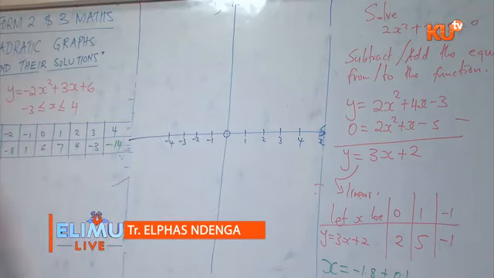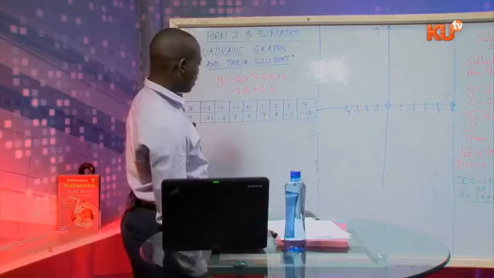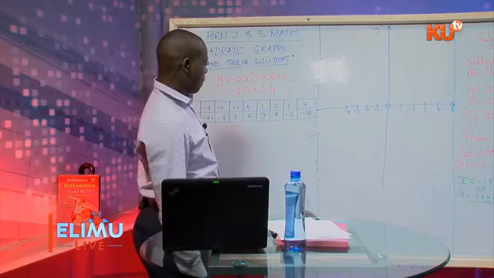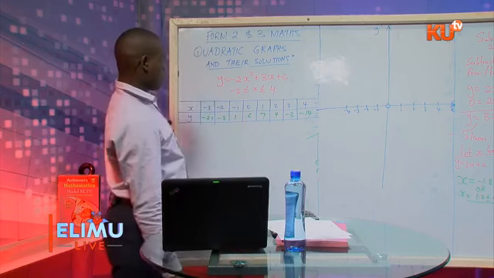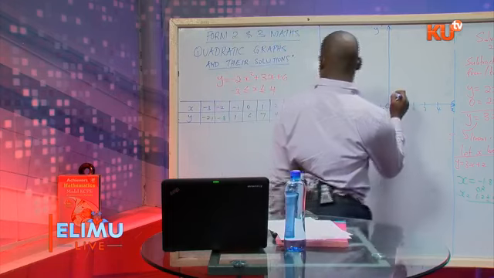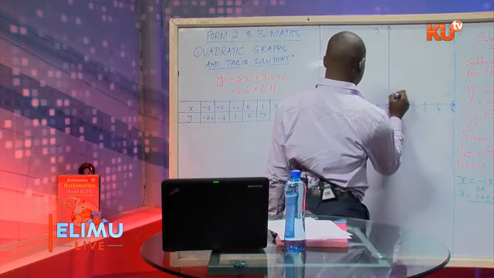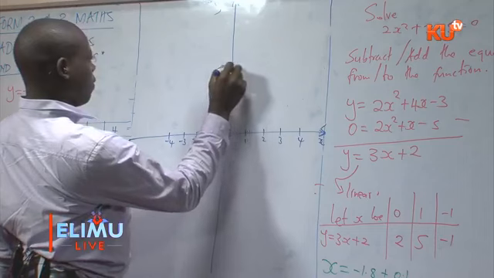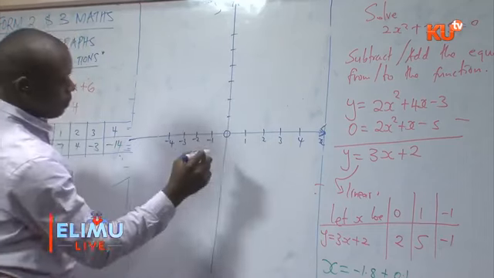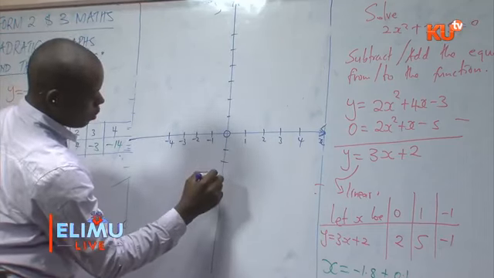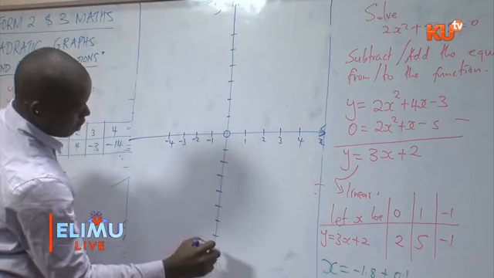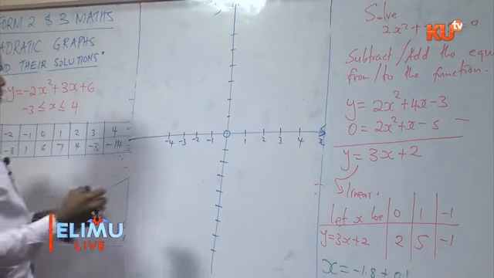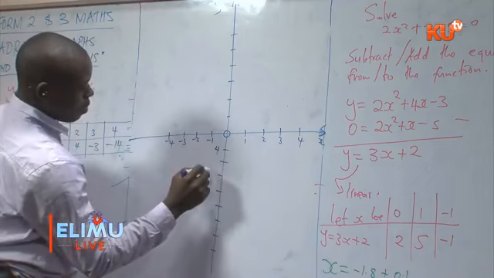The highest value of y is 7, and the lowest is -21. So we can use a scale of, if I use the scale of 3, now let's use 2. This will be 1, 2, 3, 4, 5, 6, 1, 2, 3, 4, 5, 6, 7, 8. I will drop it and then say this is 4.